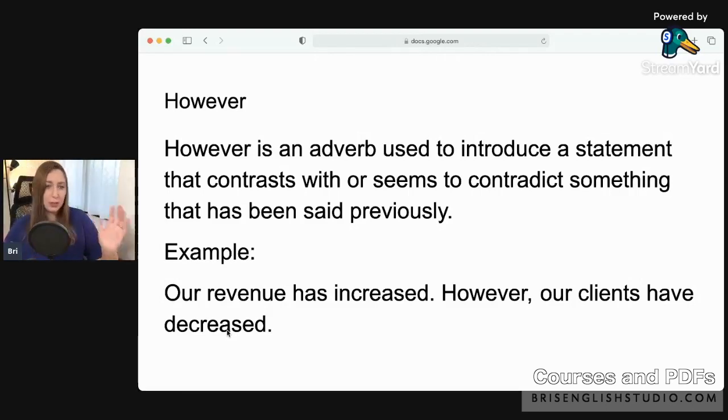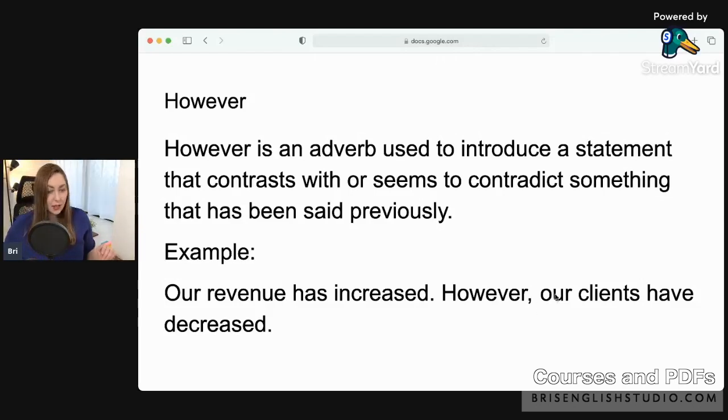We use however to be a little bit more formal. Okay, very good. So however, we can use however in the middle of the sentence, at the beginning of the sentence, at the end of a sentence, okay? However is more versatile, I guess, than but, okay?